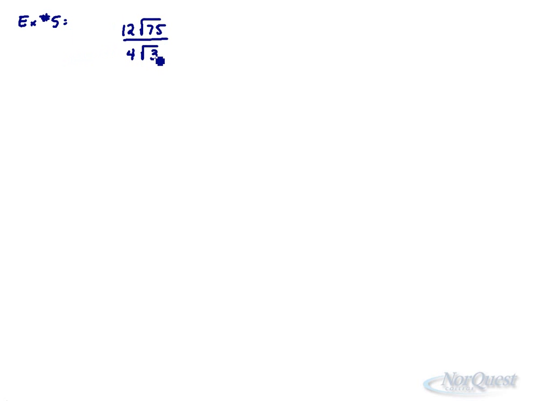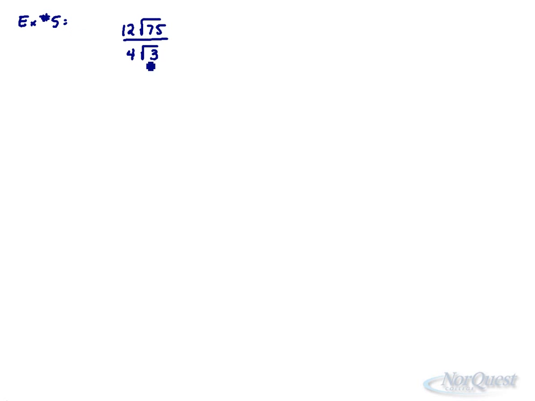Now again, there's two ways you can do this. You can simplify the top, simplify the bottom. But here's what I would do: if the numbers go evenly into each other, reduce that, meaning the coefficients, and if the radicands go evenly into each other, you are allowed to divide those as well.